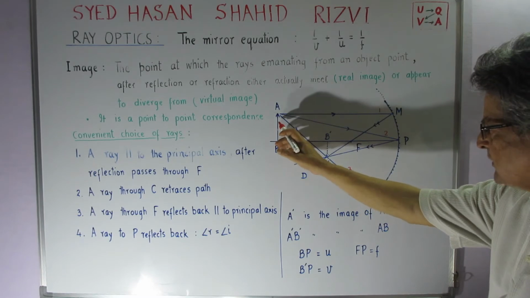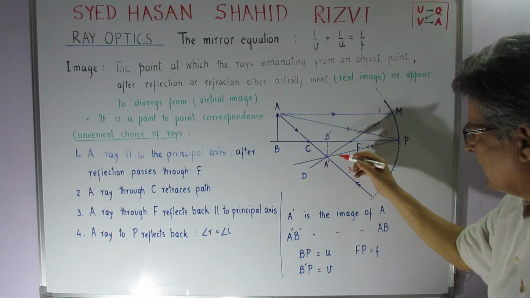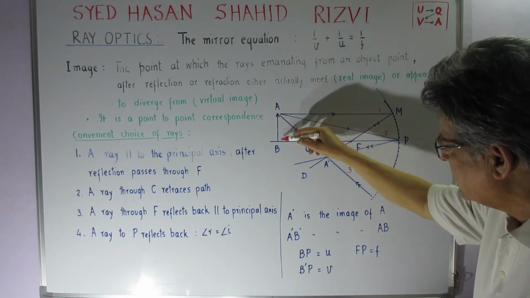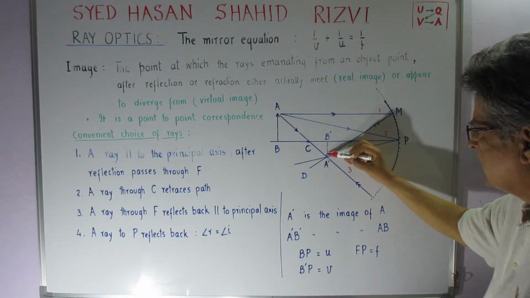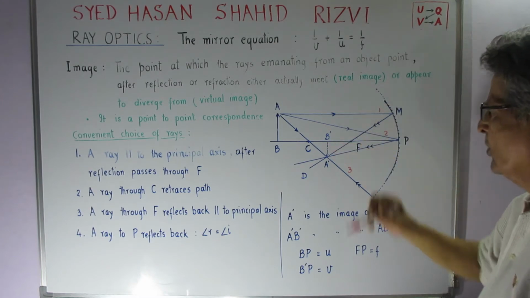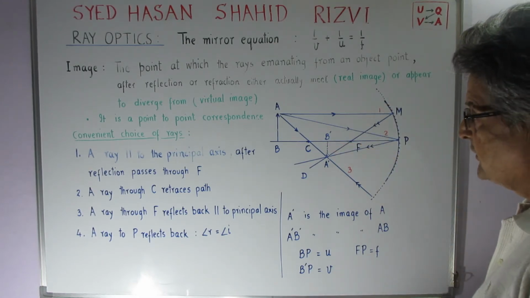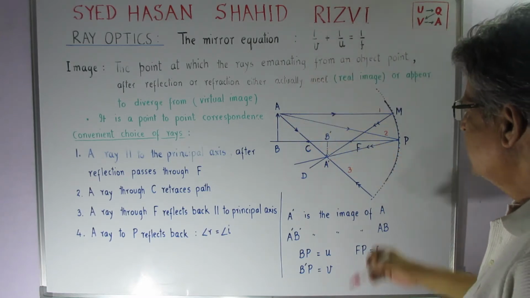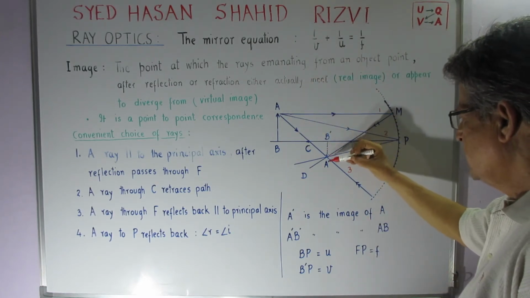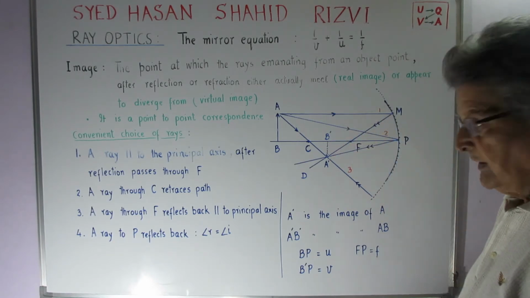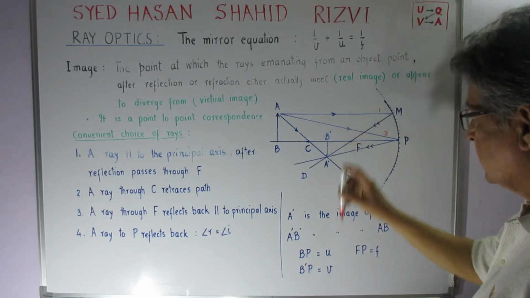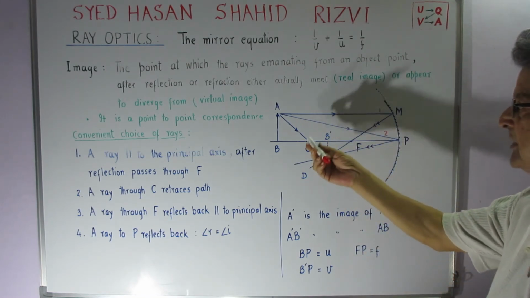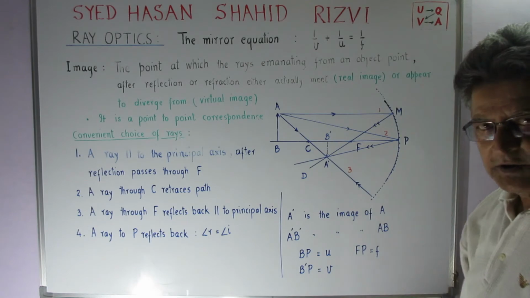Now suppose I take another point here, then I'll get another image, and another image, as we go from A to B. Then we get the images over here, and therefore we can say that for this object AB we will get an image A prime B prime. In this case it is an inverted image and its length also appears to be less than that of the object.